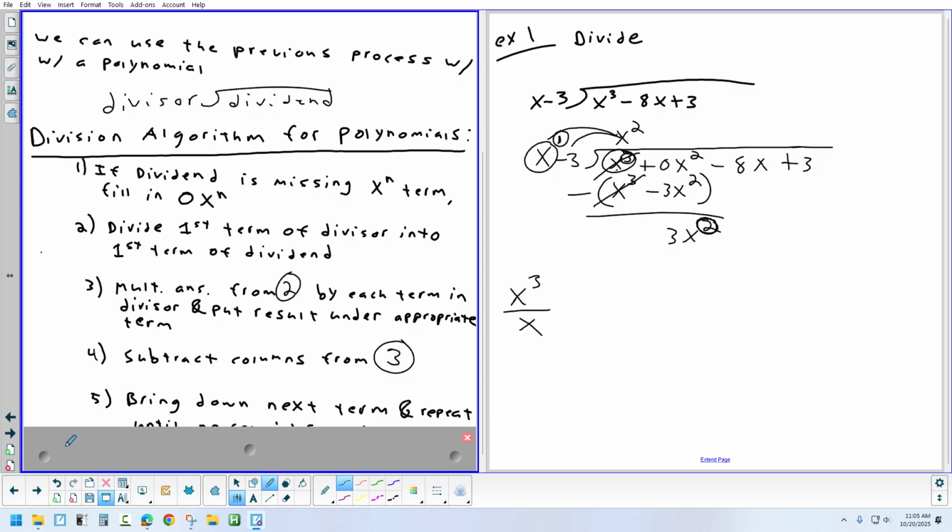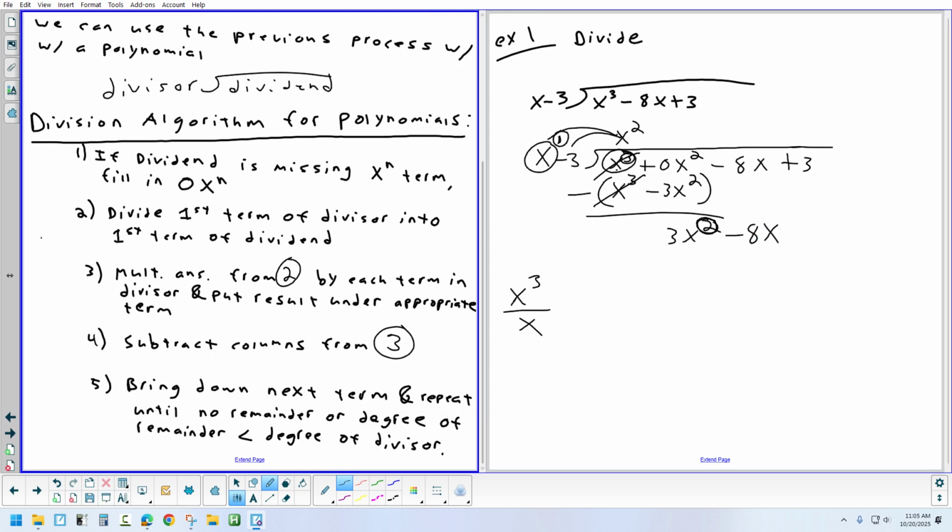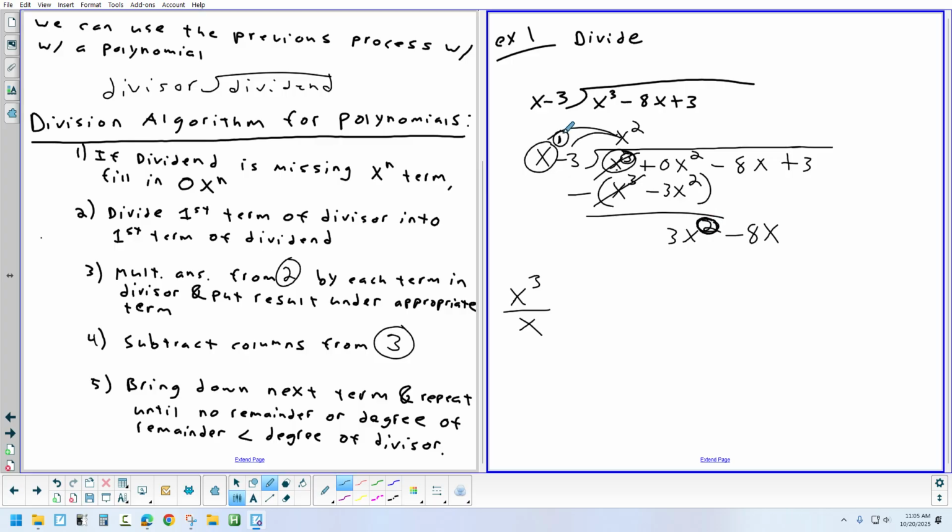Now you bring down the next term, and we repeat it. We keep repeating until either everything cancels out and we have remainder 0, or this number is smaller than that number.